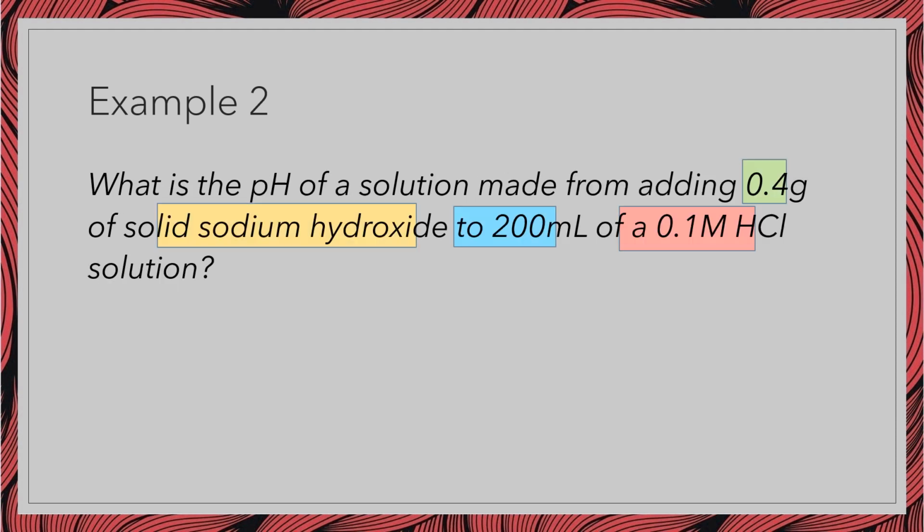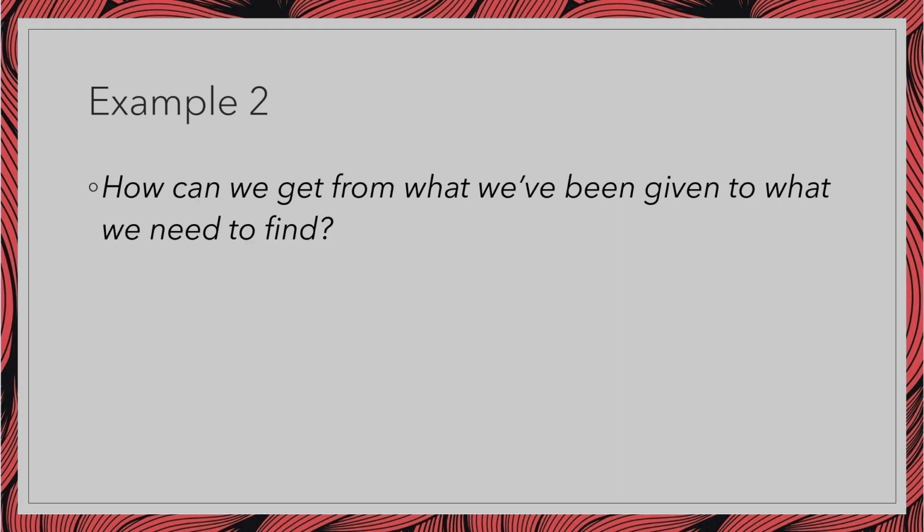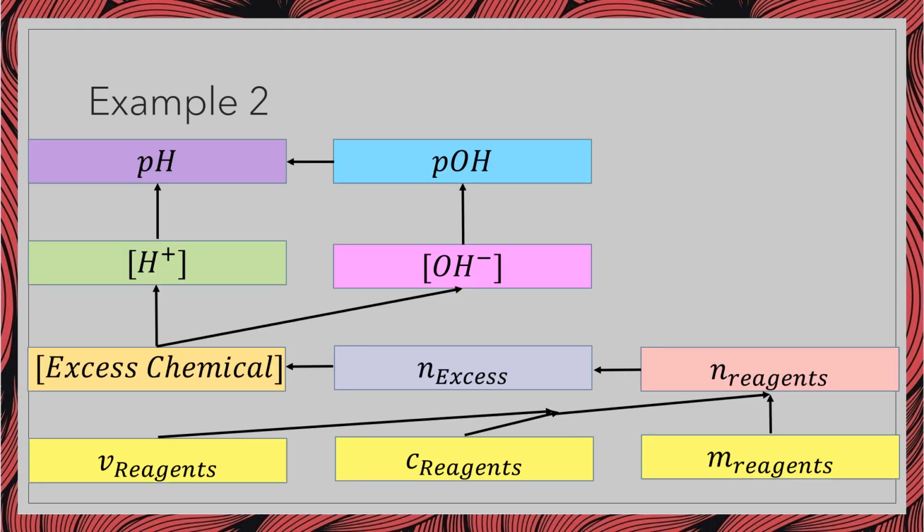So what are we asked to find? Well, it's pH. We weren't asked to find pOH this time, we were just asked to find pH. Now, how can we get from what we've been given to what we need to find? This is our flow chart again.